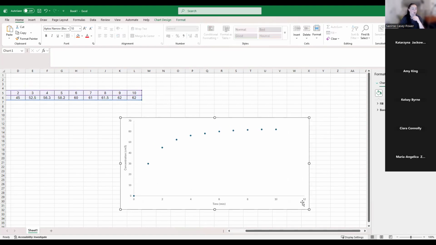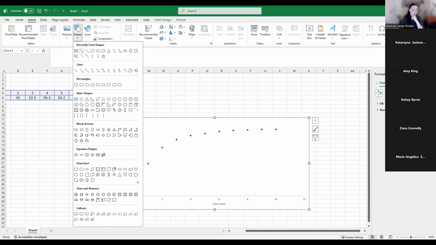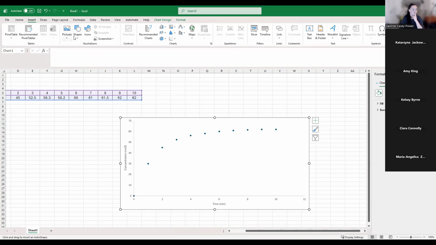Yeah. Perfect. So the next question from that said to calculate the instantaneous rate at 2 minutes. Again, this isn't really ideal to be showing you how to do this, but as long as you get the gist of it, we'll go back over it again anyway. So what you would do is you would have your 2 minutes.